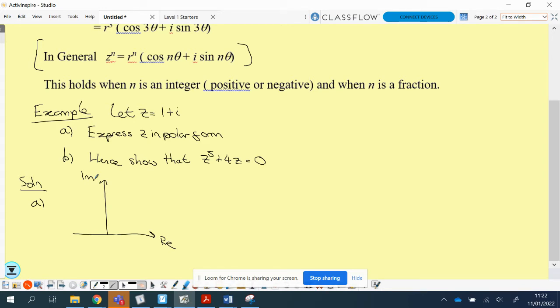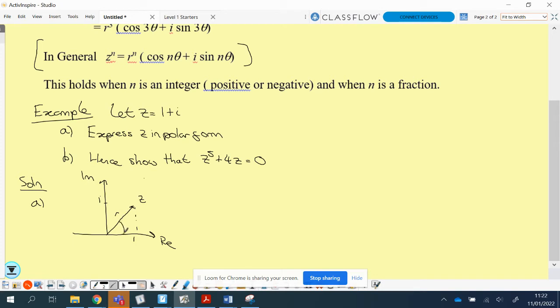So that 1 is the real number, so we go along 1 on the real axis, and up 1i on the imaginary axis, so our complex number is over here. So we've got z all the way over there.